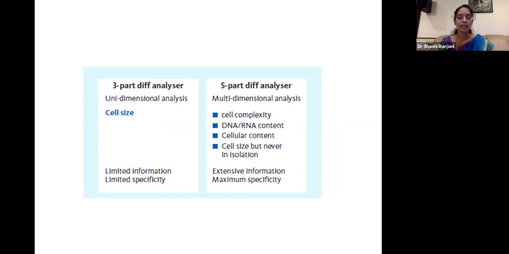Like I said, a 3-part differential analyzer makes out only the cell size, but a 5-part differential analyzer goes deeper into the cell and also finds out more about the cell complexity, the cellular content, the granules, etc.